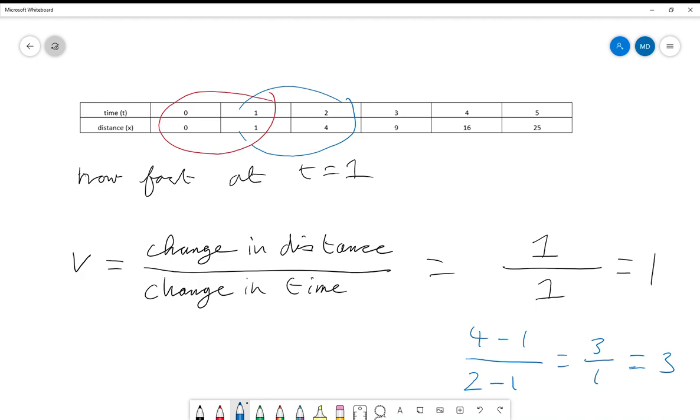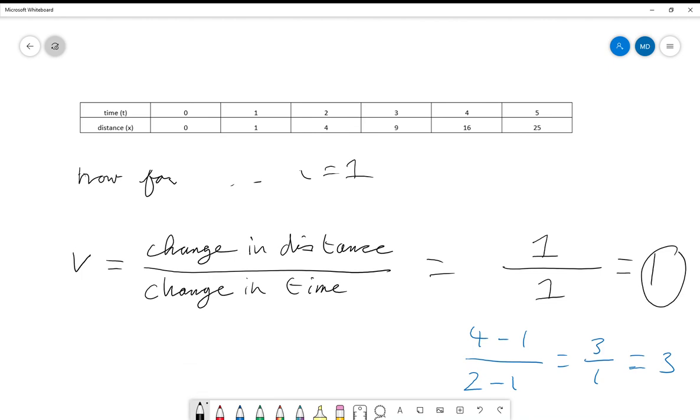And why has that happened? Well, it's happened because it's accelerating. Its velocity is changing all of the time. And our key question is, what have we just calculated here? Well, the 1 is the average velocity between the first 2 seconds.